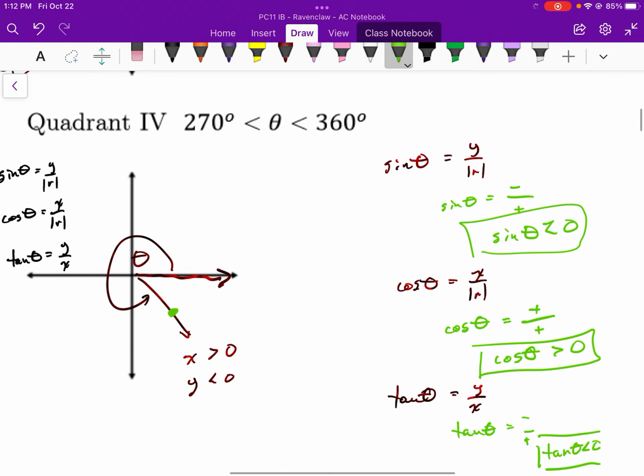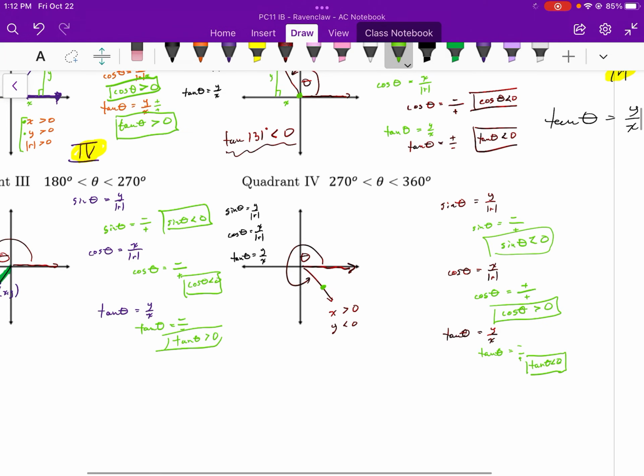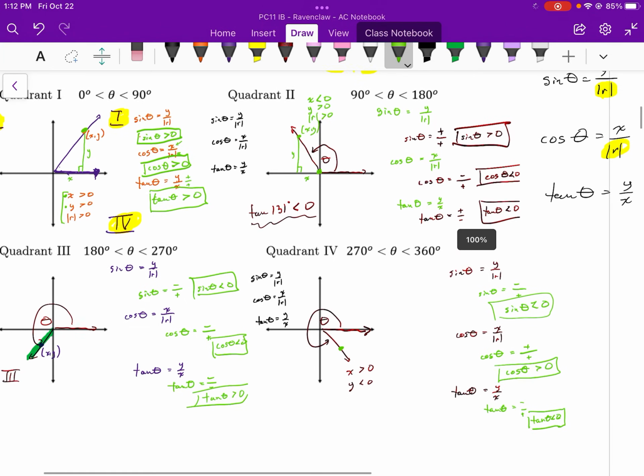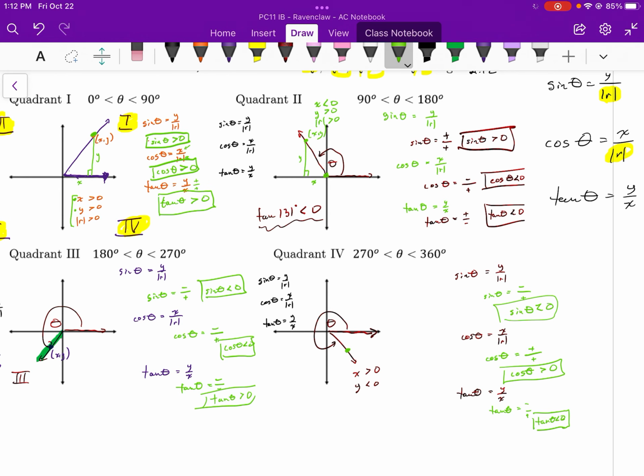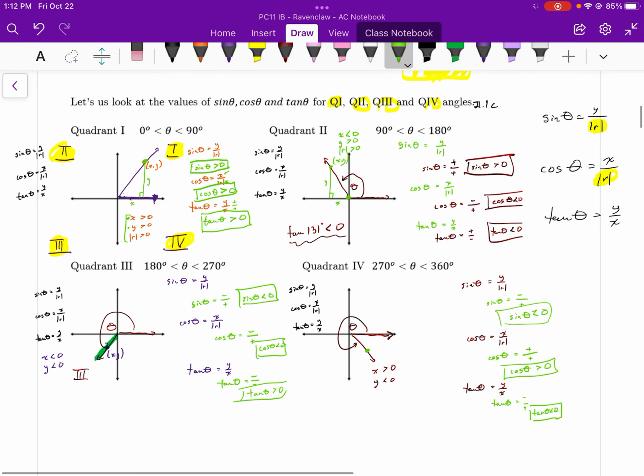So I have my ratios here, where they're positive or negative. All right. If you go online, you might know the cast rule. I find the cast rule a little bit deceiving. There's an easier way to pick out where sine, cosine, and tangent are positive and negative.